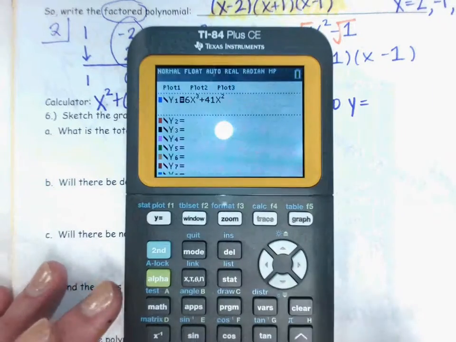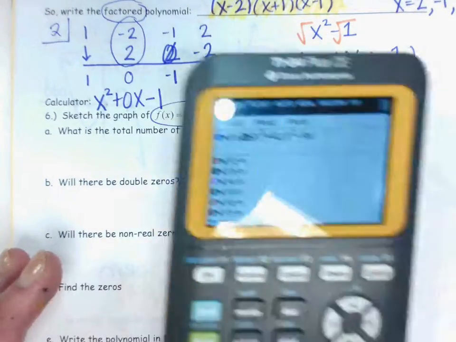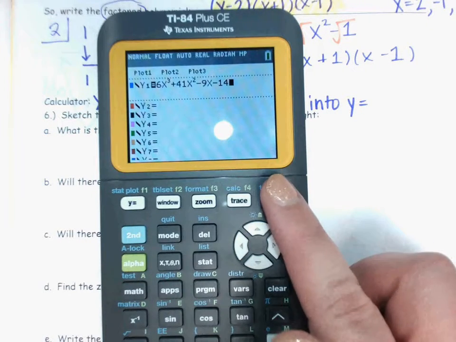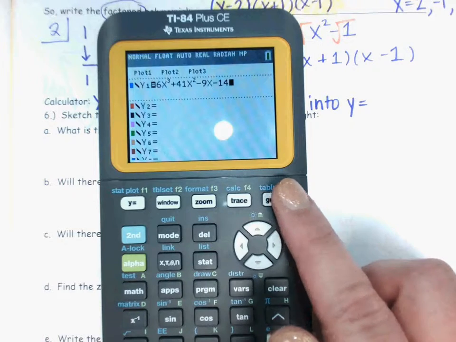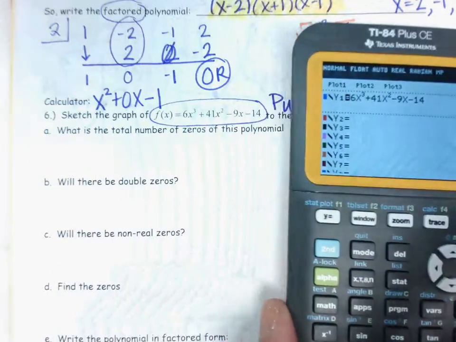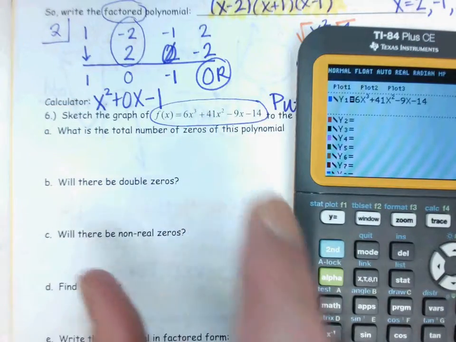Then I want a minus 9x. Then a minus 14. So here's why we can't just start off. We don't know what to divide by. So step 1 is going to be, there are 2 places that you can look. You can look in the graph, or you can look in the table for the one that has a 0. So I'm typing in this equation right here into my calculator.